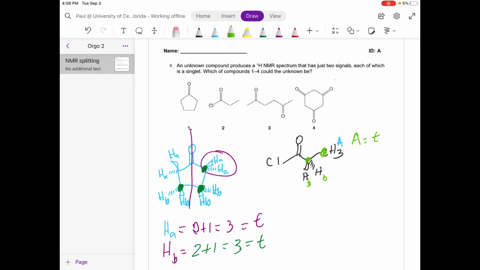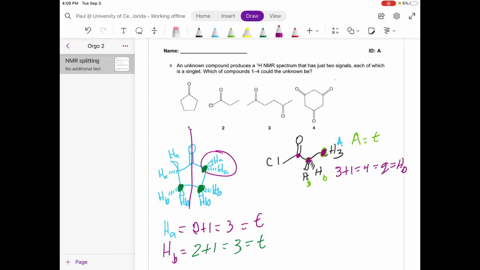HB is attached to that carbon. What's the adjacent carbon? That one, and there's nothing there, so we just ignore that one. But then there's this adjacent carbon right there, and how many hydrogens are attached to that? 3. So 3 + 1 = 4, which is a quartet.